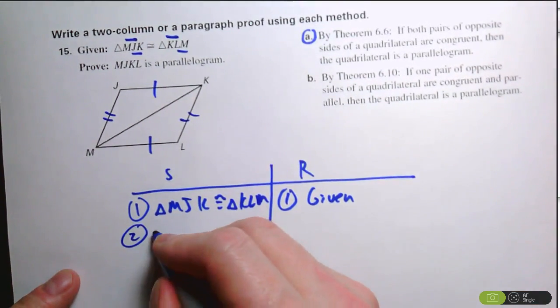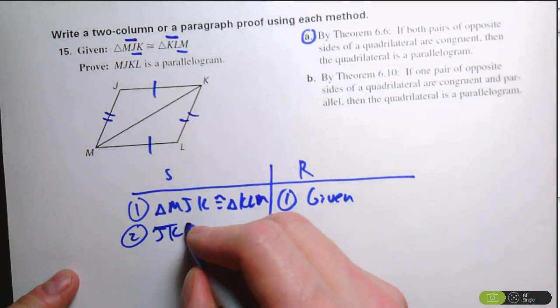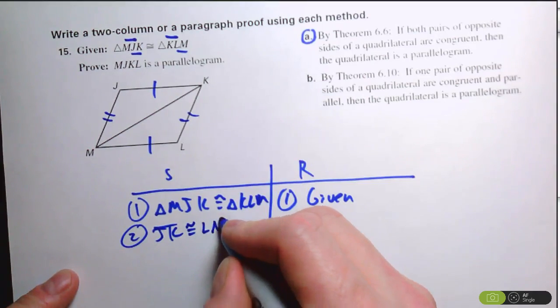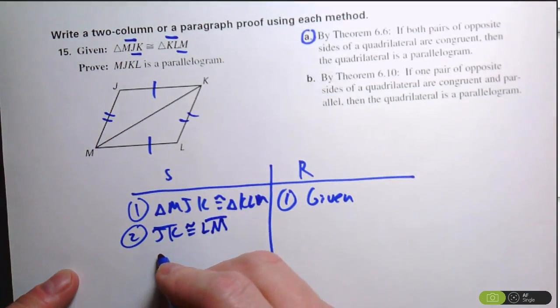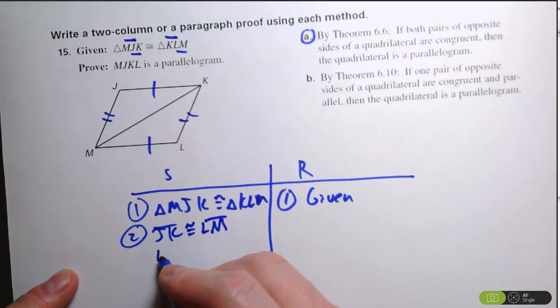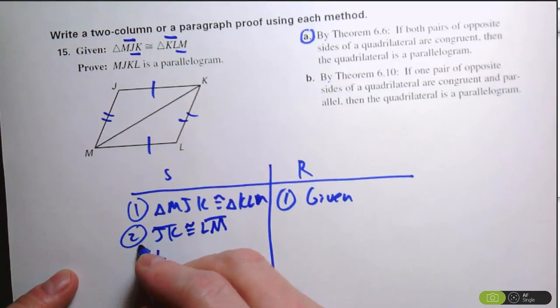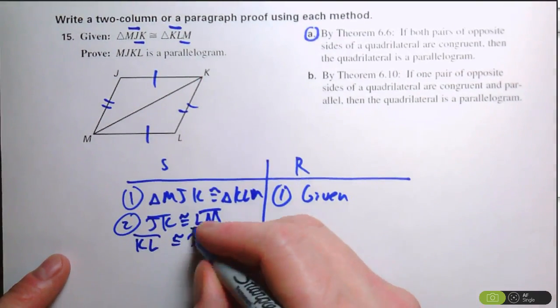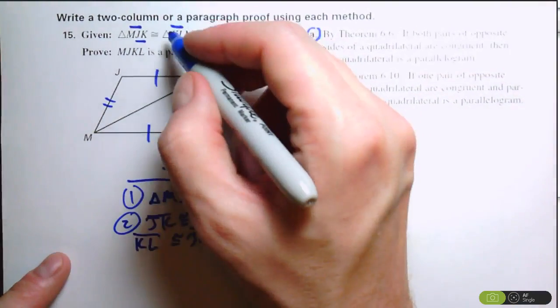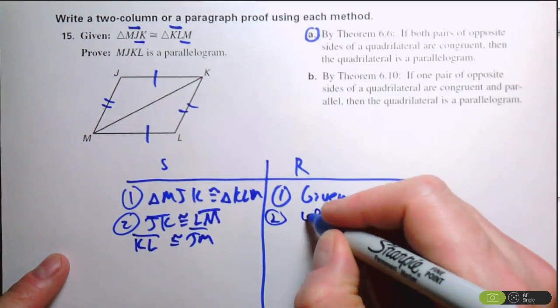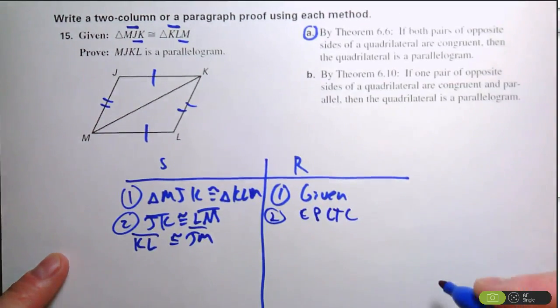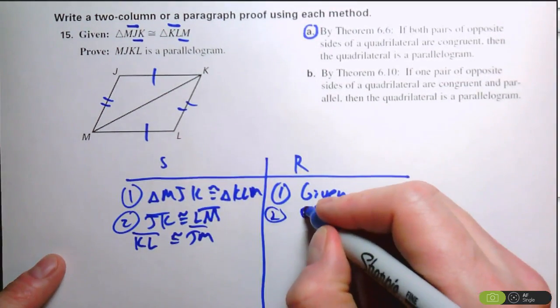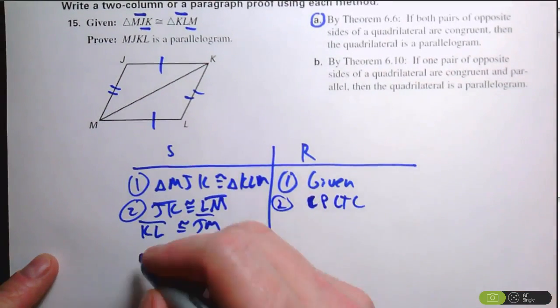So two, we can say JK is congruent to LM, and KL is congruent to JM, by corresponding parts of congruent triangles are congruent. We haven't used CPCTC for a while, but that's where it comes into play.